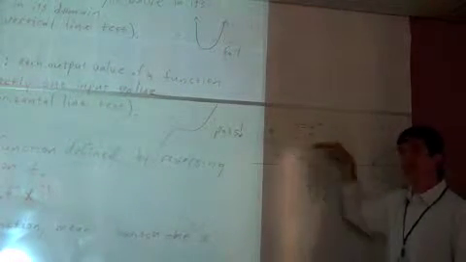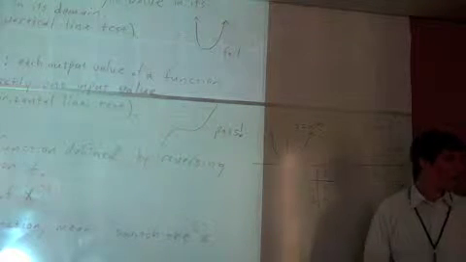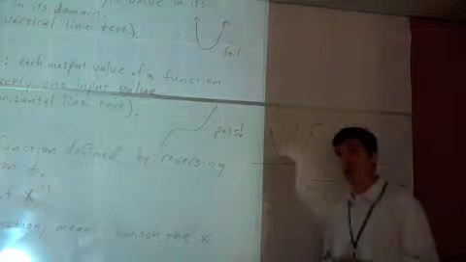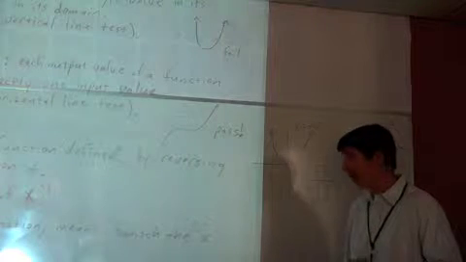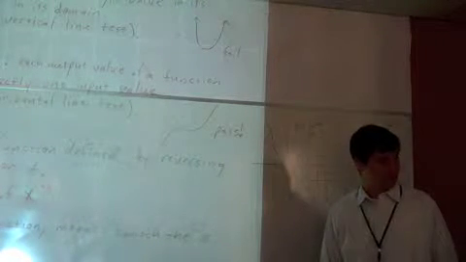And this one, as you can see, fails it. If you put a horizontal line through, it's going to hit the graph twice. Does that make sense? And if you did flip it, this does fail the vertical line test. So if you want to know if a specific function is one-to-one, meaning it has an inverse function, it has to not only pass the vertical line test, but also the horizontal line test.